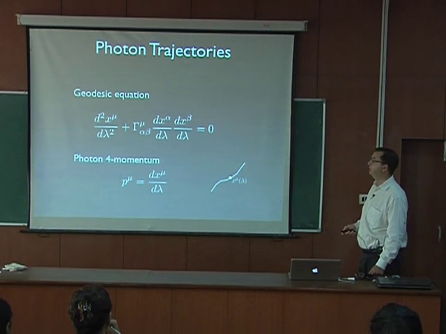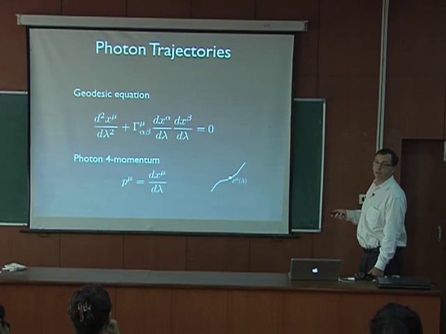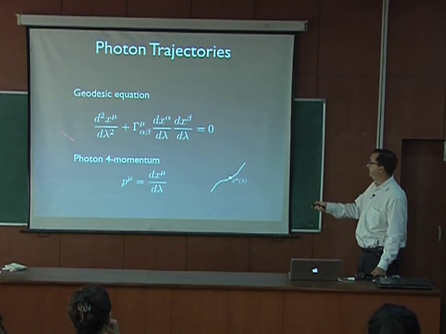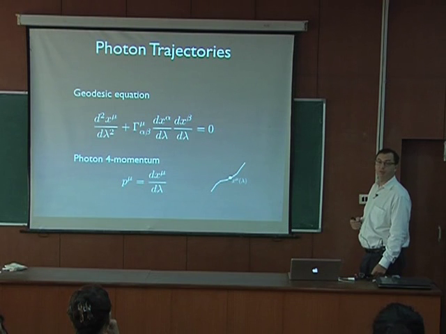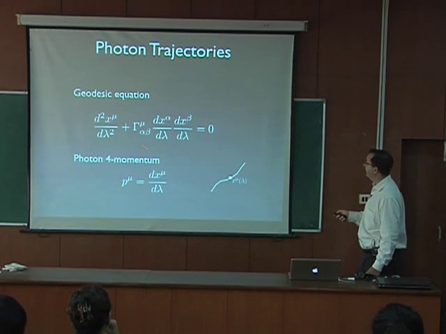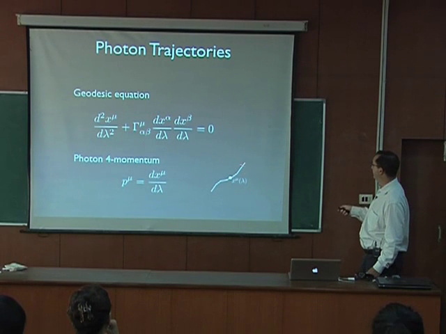And that's given to us by the geodesic equation, which tells us that photons, or particles in general, but we'll only be worrying about photons here, follow a trajectory which is a solution of this equation, which is, roughly speaking, the straightest possible path in this spacetime. The equation involves the first and second derivative of the position of the particle as a function of this parameter lambda.